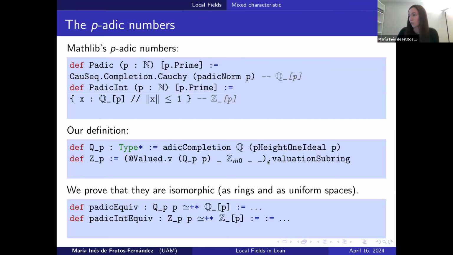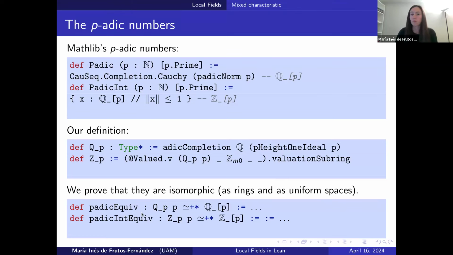By contrast, we have defined Z_p as the valuation subring of Q_p. And this has the advantage that then we can use all of the API that is already available in Mathlib for valuation subrings. So in particular, if we define Z_p this way, we don't have to prove that this is a ring, this is going to be automatic, and we also get other things for free, like for example, the fact that this is going to be a local ring.